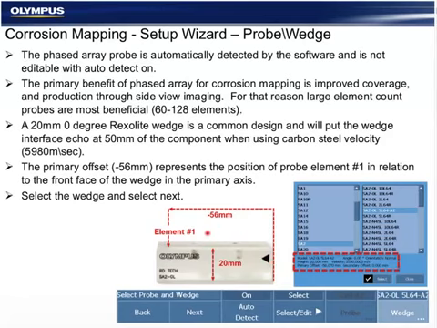Element 1 is minus 56 millimeters away from the wedge. So beam 1 under element 1, center point, will be our 0, 0 position on the C-scan. If the offsets are not correct, the C-scan won't represent what you're looking at in the material.